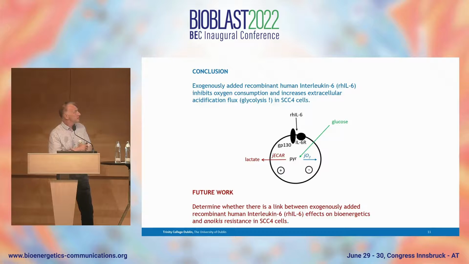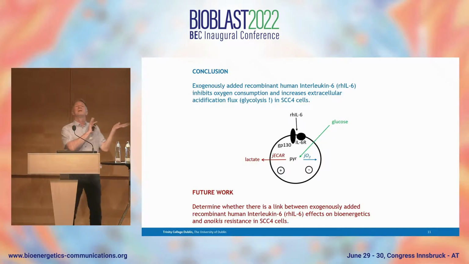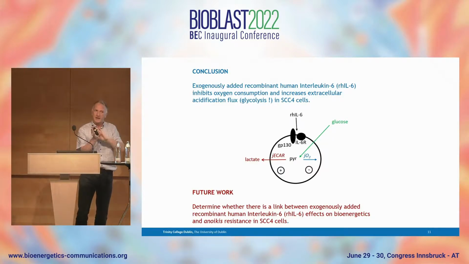So in conclusion then, clearly the SCC4 cancer cells are less oxidative than the DOC cells, the precancerous cells, but they are to some degree oxidative. And the SCC4 cells seem to have more mitochondria than the DOC cells. The SCC4 cells appear to be more glycolytic if you interpret extracellular flux as that.